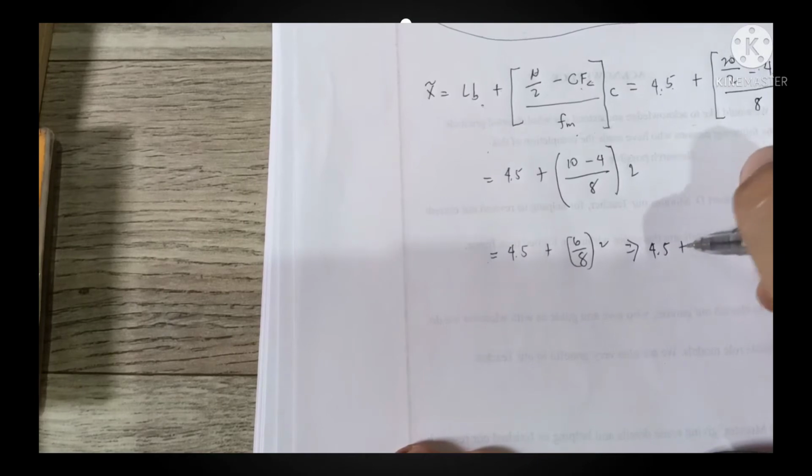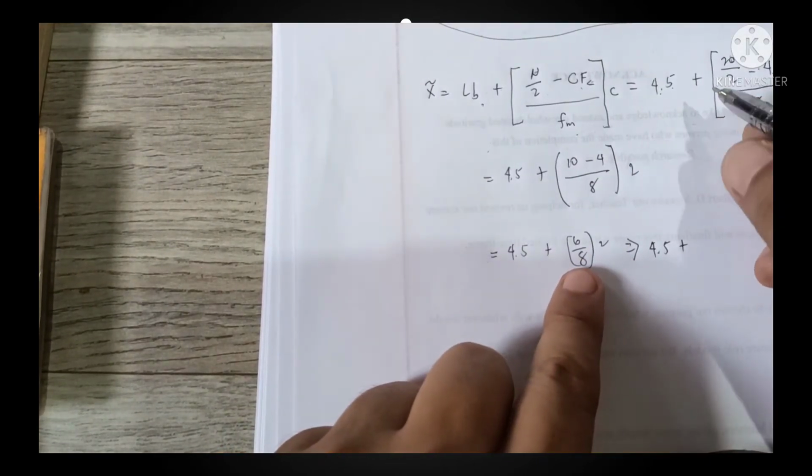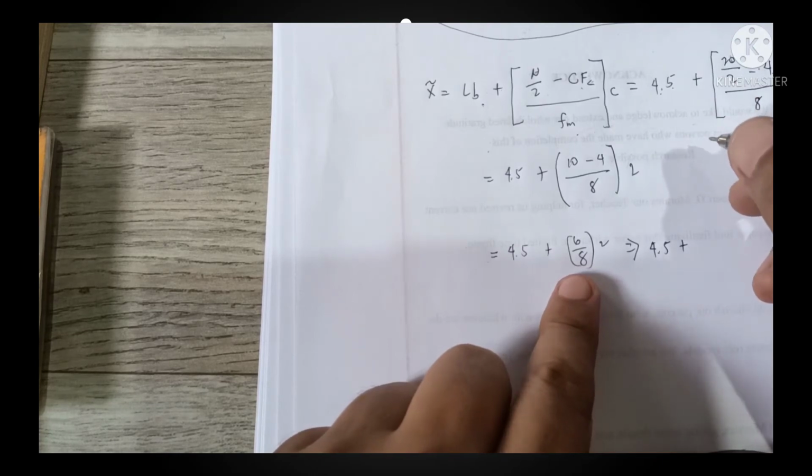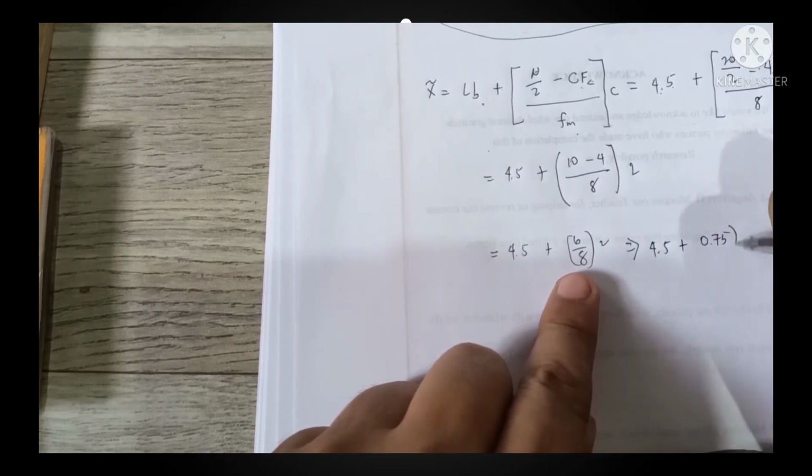So, then, what do we have? So, we have 4.5 plus, divide this one, this is 3/4, no? So, that's 3/4, 0.75 times 2.